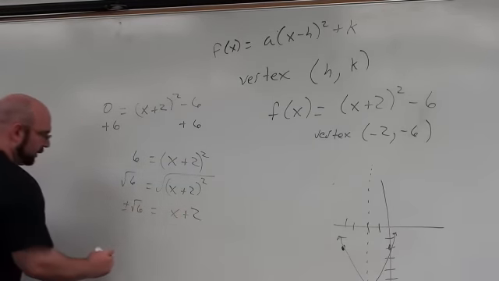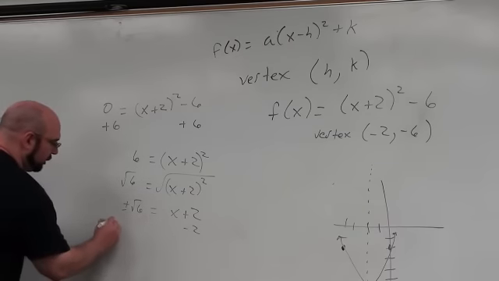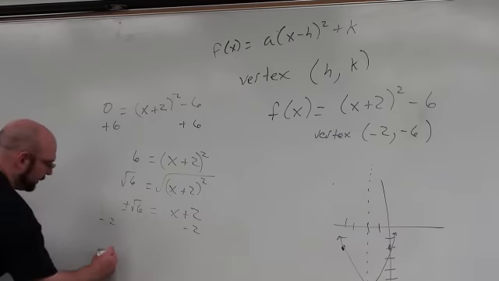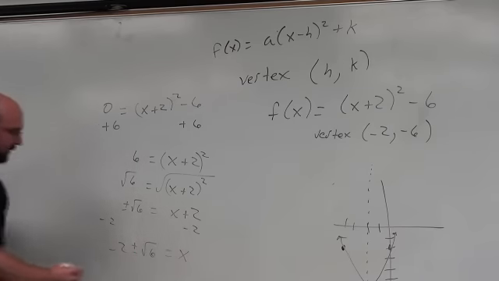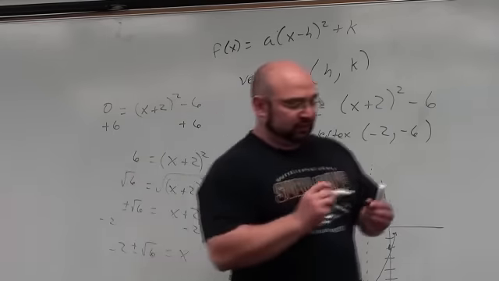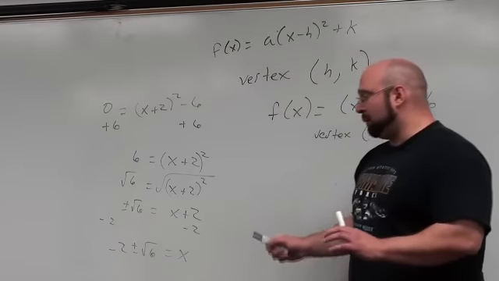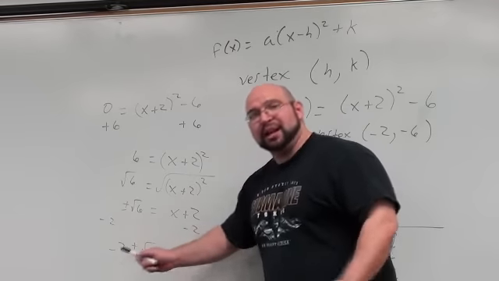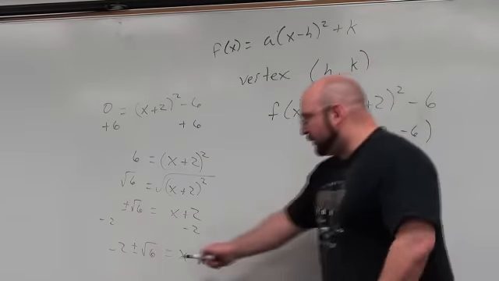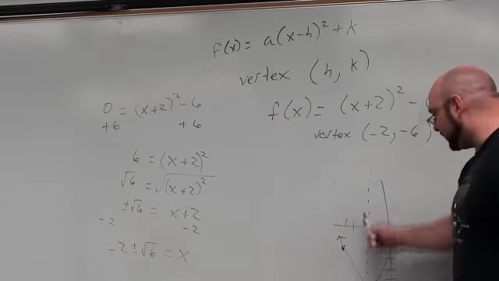So from here, I'm going to subtract negative 2 from both sides. So I know negative 2 plus or minus the square root of 6 is equal to x. So what this means, when my y is 0, my x is going to be this. Now this makes sense. Check it out. Notice it's negative 2. Well, what's my line of symmetry?